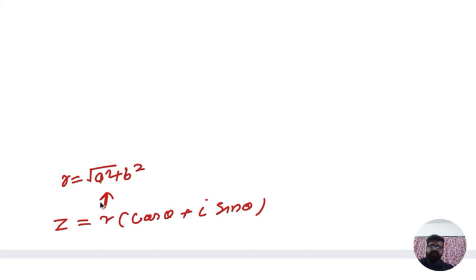Here we find r, and you will ask, sir, how to find theta? Theta equals tan inverse b upon a. So this is how we will find theta. Okay, we find r, we find theta, but what are a and b? z equals a plus ib.